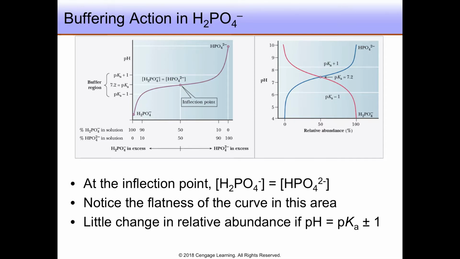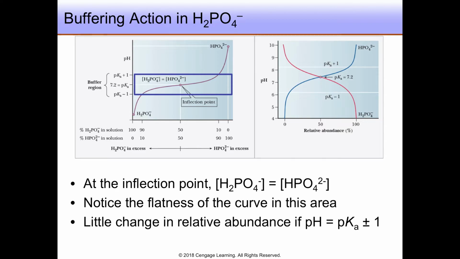Now notice the midpoint of the curve, which we know represents the pKa of the acid. Recall that at this pH, the concentrations of the acid and conjugate base are equal. Now notice the flatness of the curve in the area represented by pH values 1 unit higher and 1 unit lower than the pKa.